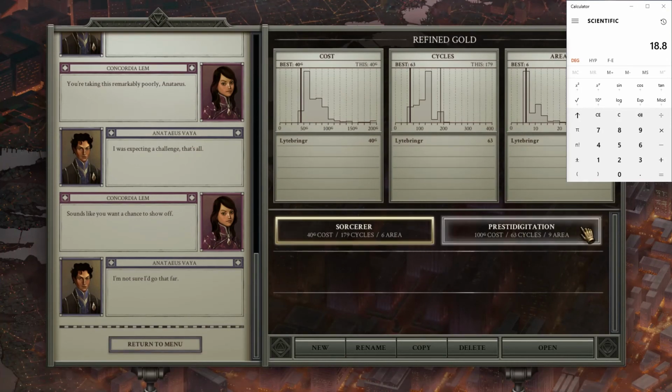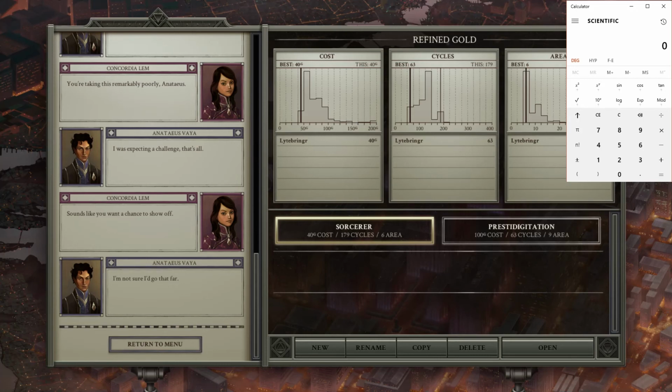When you've got something like this where it's not entirely obvious which is better, because it's more than double the cost, but it's also more than twice as fast, you just grab your trusty calculator. 40 times 179 times 179 times 6 gives you 7.6 million, which is 6.9.